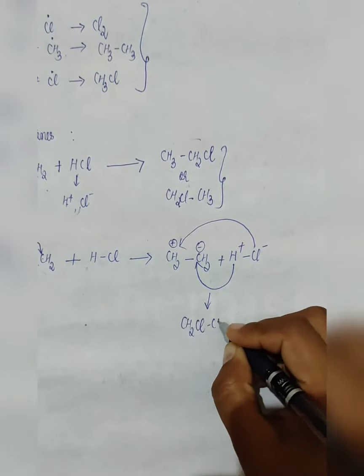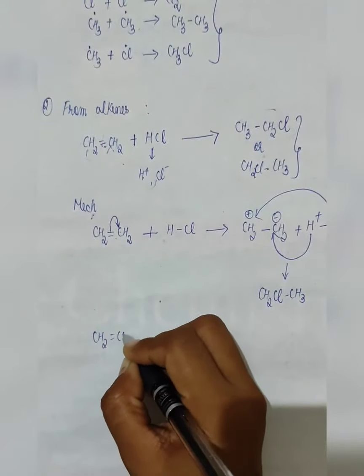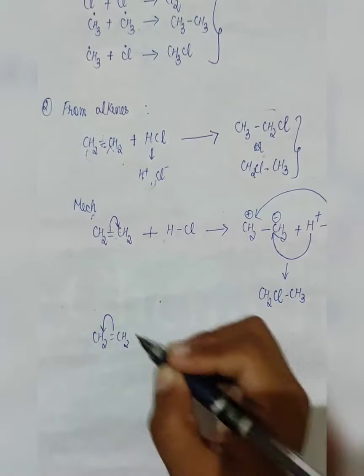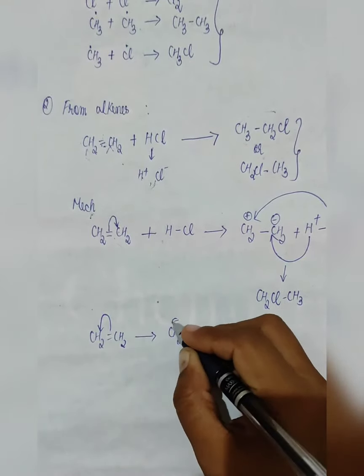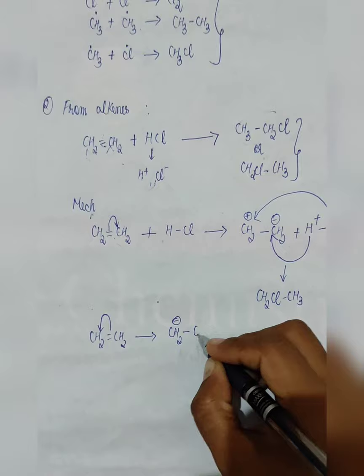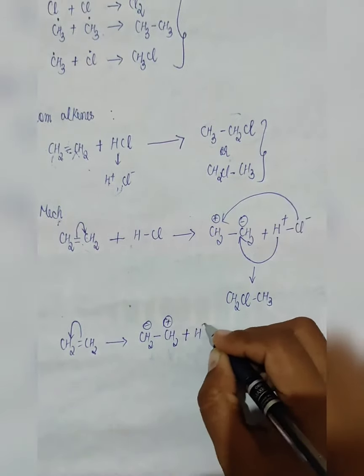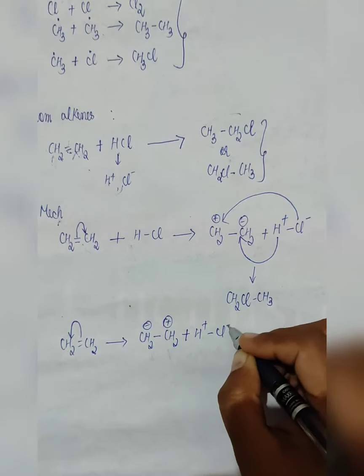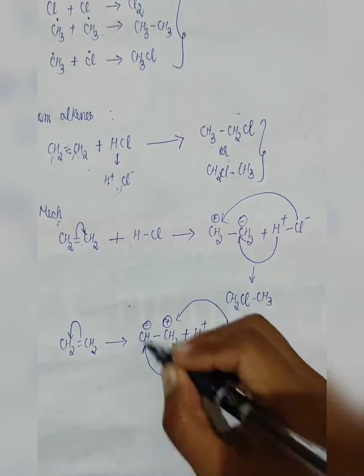CH2ClCH3. Now the second possibility is that if the electron jumps here, we get CH2 negative and CH2 positive. Now here H plus Cl minus. Cl minus will attack the positive one and the positive will attack the negative one.